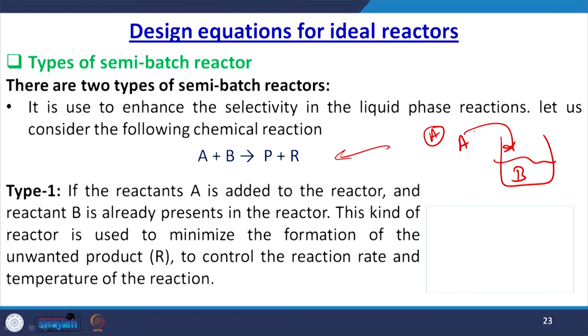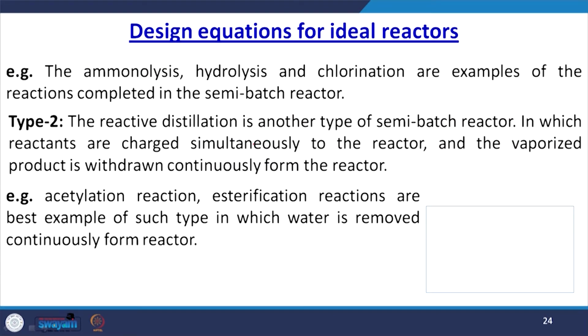This kind of reactor is used to minimize the formation of any kind of unwanted product, sometimes referred to as R, and to control the reaction rate and the temperature of the reaction. A couple of examples of this particular type of reactor are ammonolysis, hydrolysis, chlorination, etc.